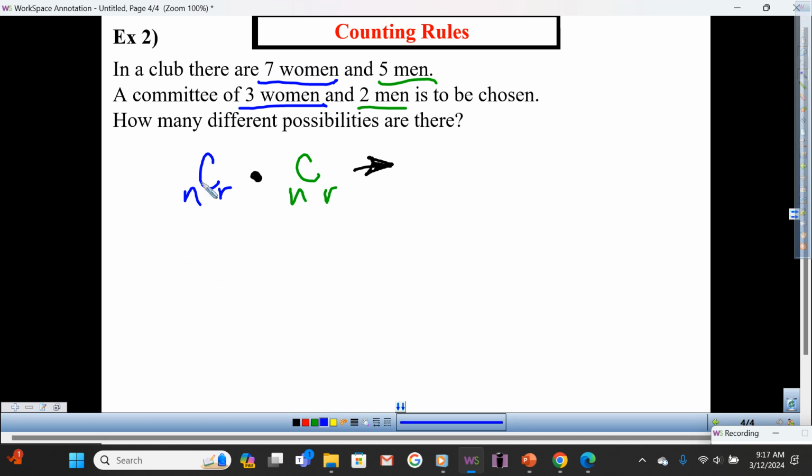help me out with combination for the women. Without looking at your notes, you can just look up here. What is the total number of women and the selected women for the committee? So, what do I write?